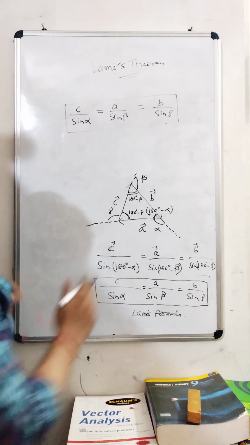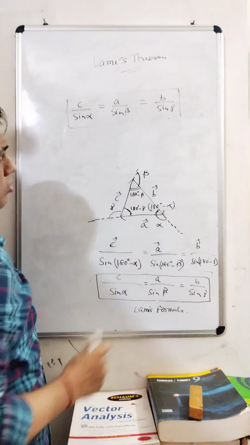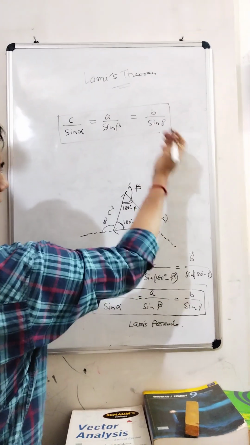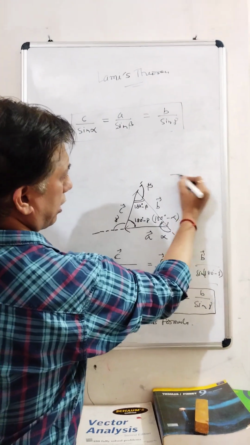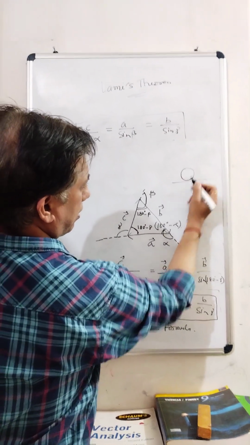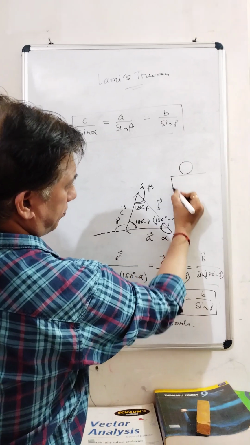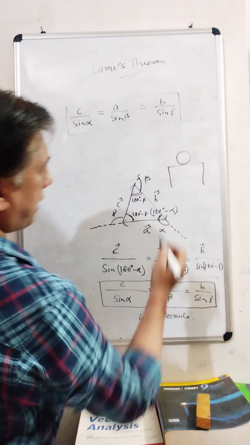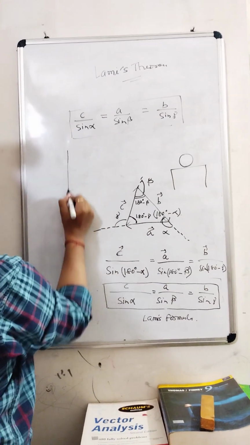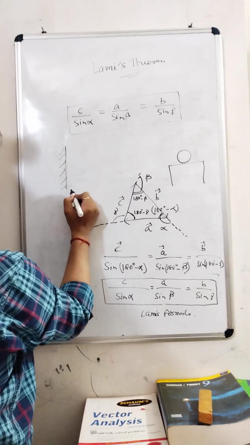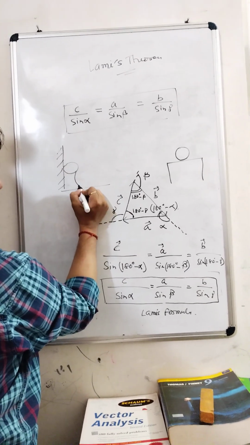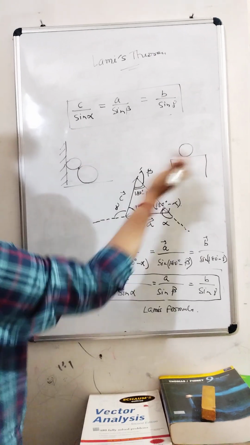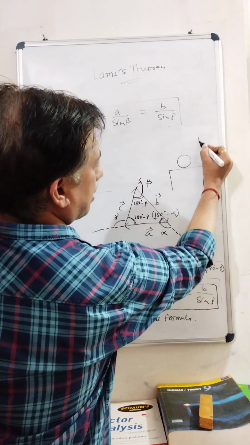You will get various problems we can solve on the basis of this equation in mechanics, like forces acting on different types of bodies. Suppose a block is like this, suppose there is a plane and some body is placed over this, like these types of problems.